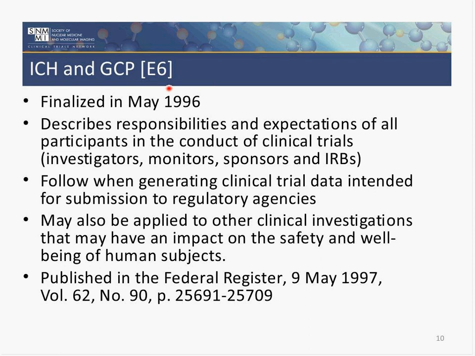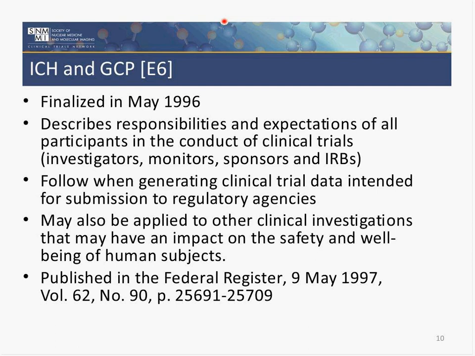This E section, in particular document number 6 in the efficacy section of the ICH documents, was finalized in 1996 and describes the responsibilities and expectations of all participants in a clinical trial. It's interesting that these participants follow these principles when doing clinical trials that are intended to be submitted to the regulatory agencies.